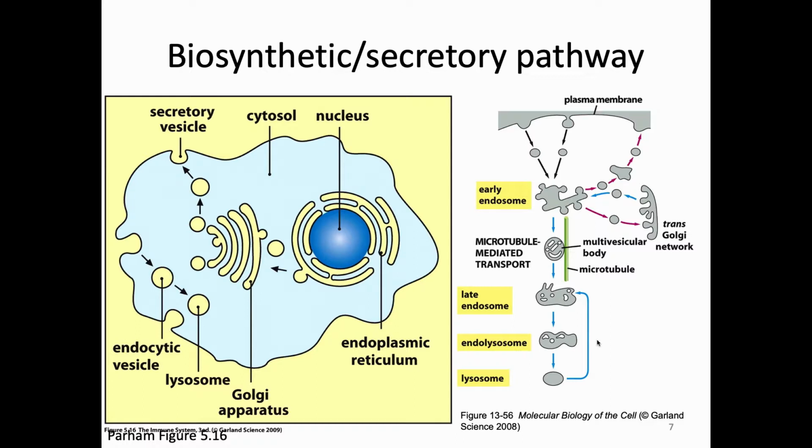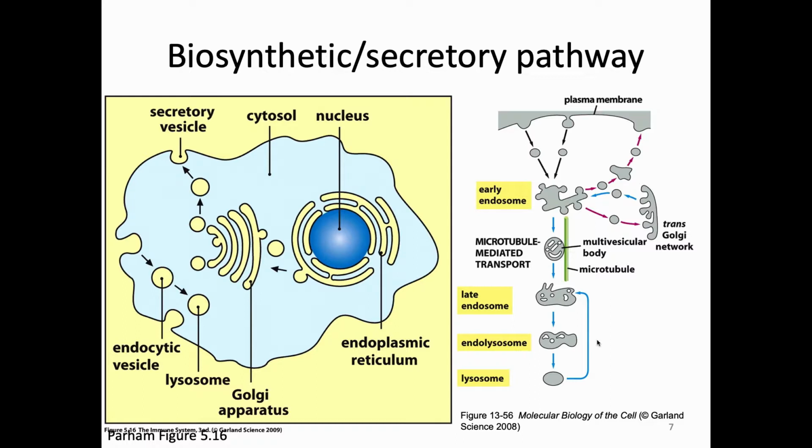In this process, these compartments are getting increasingly acidic. So the lysosome is super acidic. The early endosome is a teensy bit acidic. And we have increases in acidification throughout all of these steps.